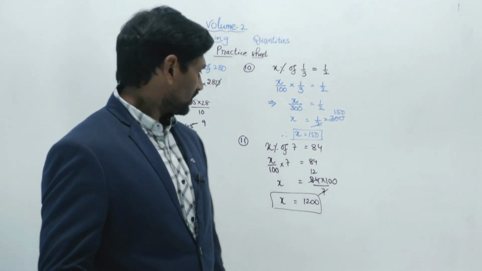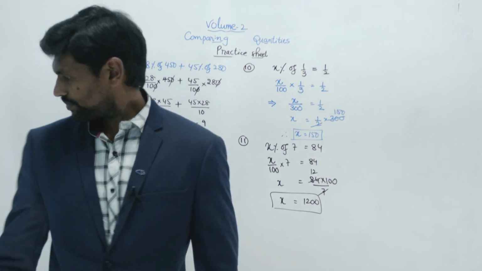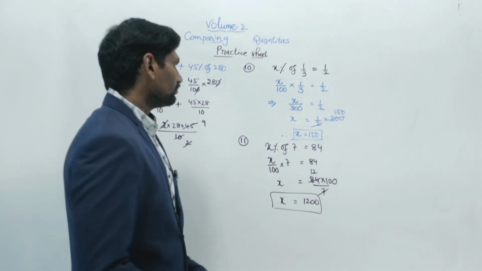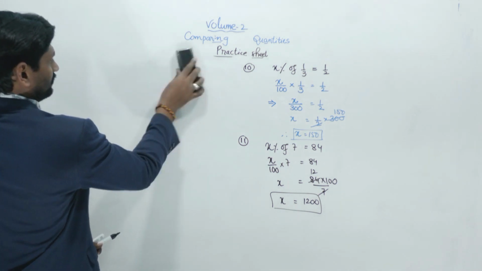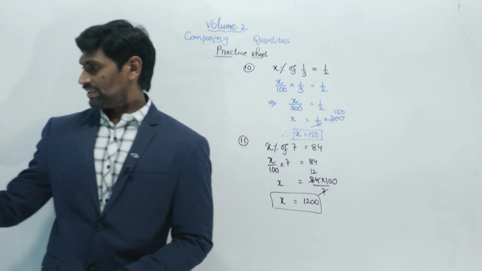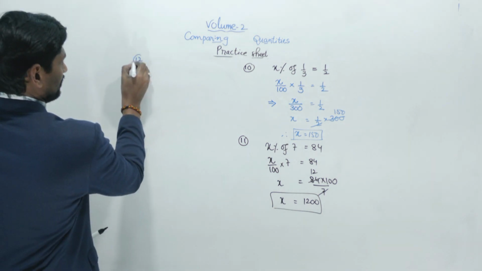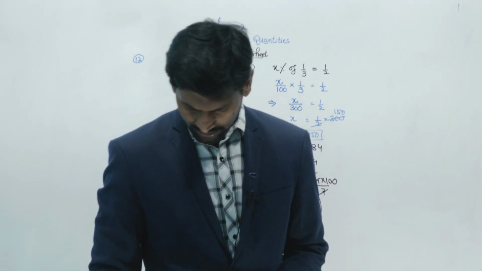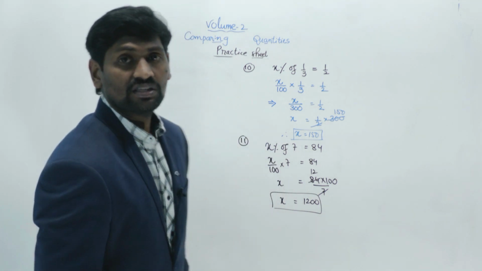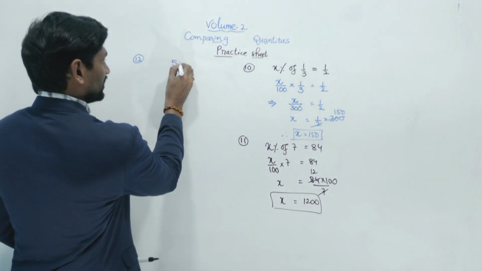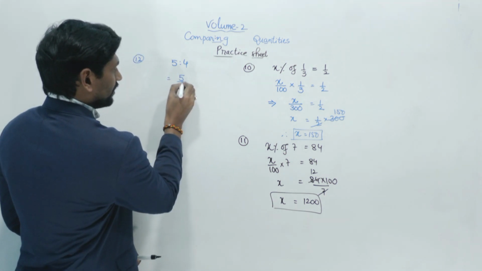So let us go to the 12th problem. Problem number 12 is: the ratio of 5:4 expressed as a percentage. Just express the 5:4 ratio in percentage. First convert it into fractional form, 5 by 4.